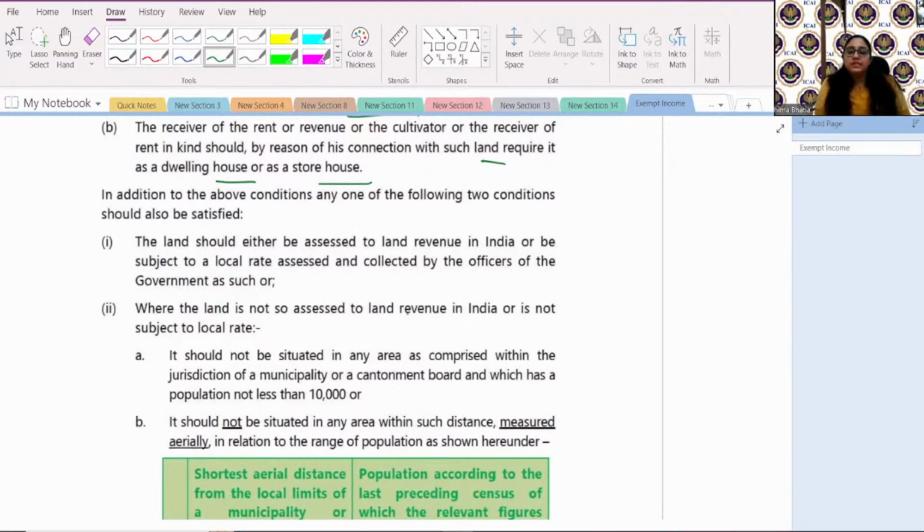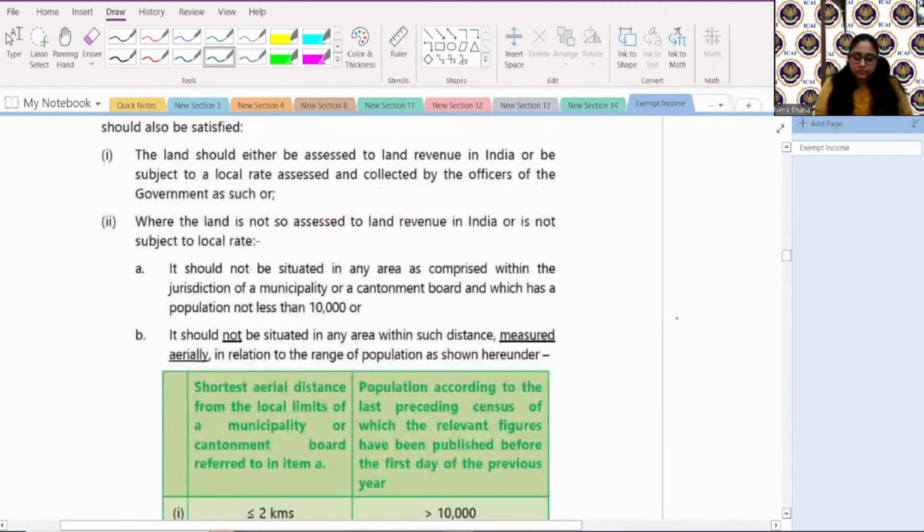If it is not assessed to land revenue in India, the farm building should be in an area where the population is up to 10,000. Where the population is up to 10,000, the farm building should be in that area.